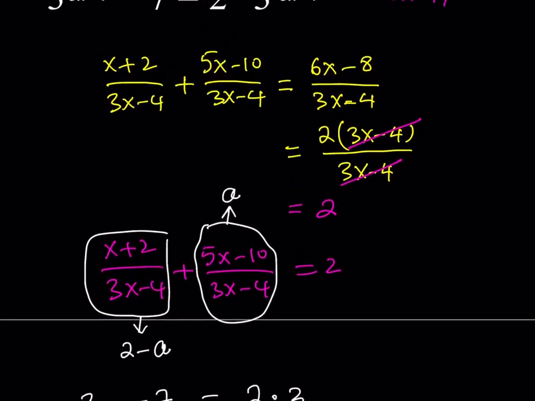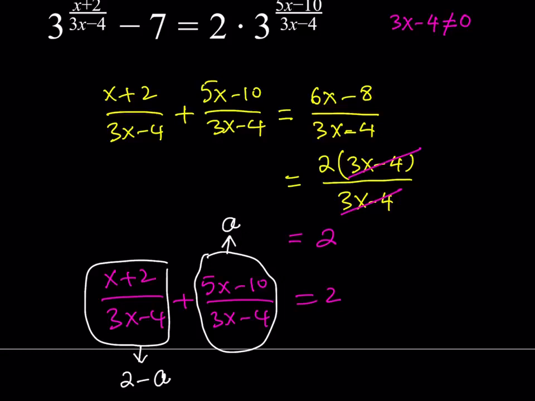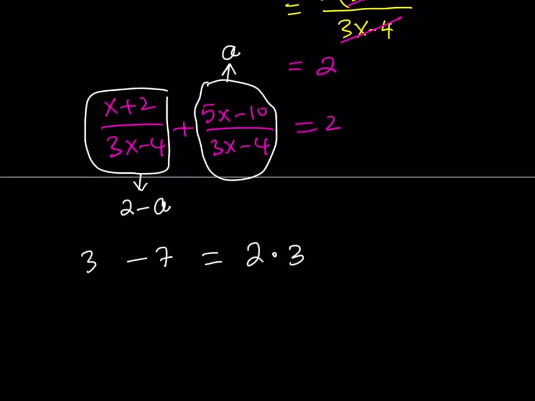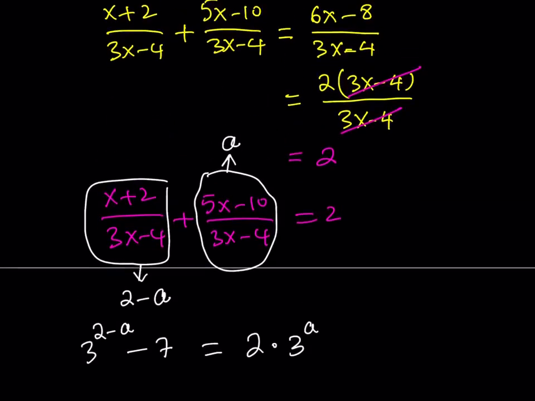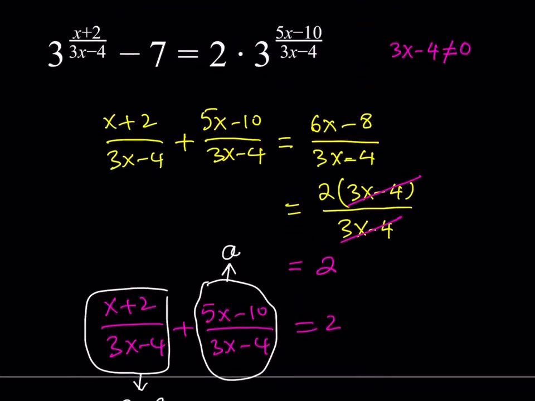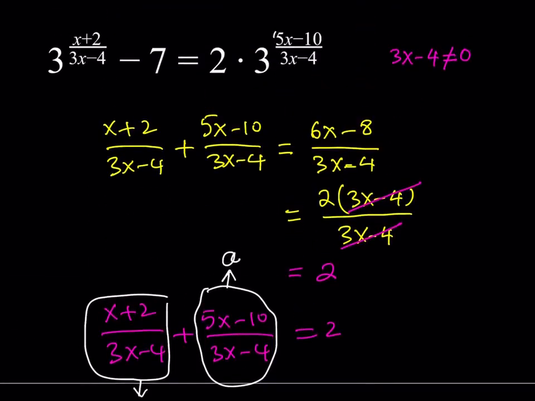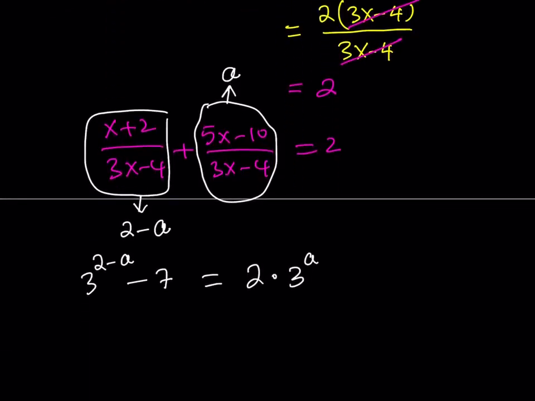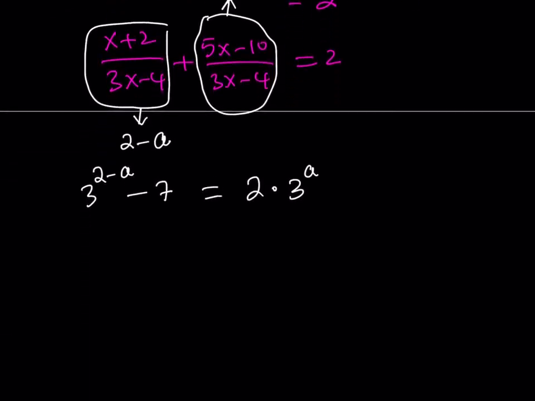This is supposed to be, because we get the x plus 2 first, 3 to the power 2 minus a. So that's 3 to the power 2 minus a, and this is going to be 3 to the power a. There we go. Okay, so what I did was basically I called the second one a. So this should be a, and this should be the 2 minus a, the first one. Awesome. So now, from this point on, this problem should be fairly easy to solve, don't you think?